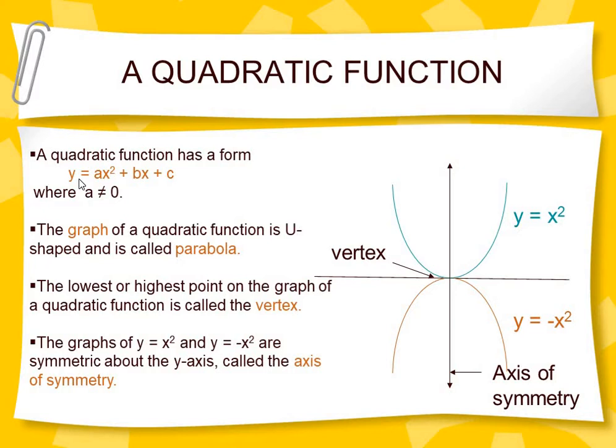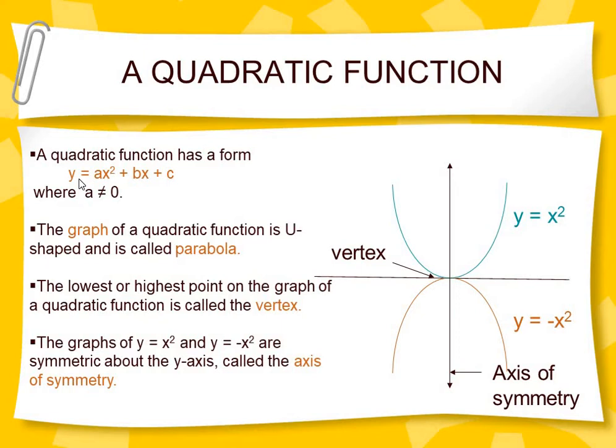So the main character of the quadratic function is gone, whereas x squared is the maximum degree of this function. It must be 2. So a mustn't be 0, but a could be 1, could be negative, could be positive.